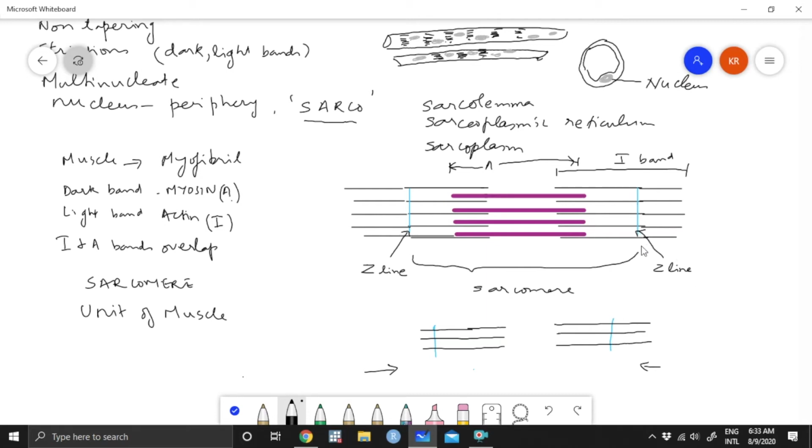See, therefore from here this has gone inside.